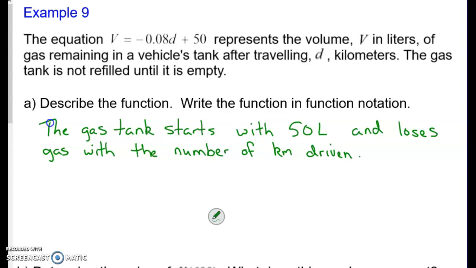It shows the amount of gas remaining in the tank.